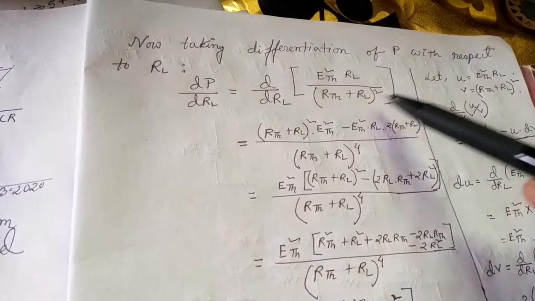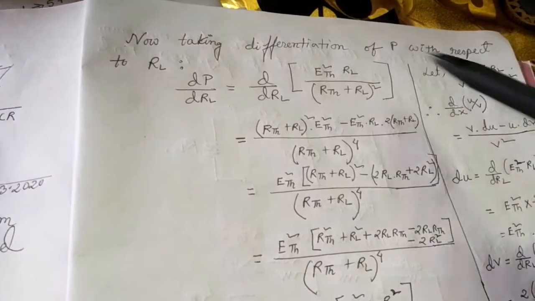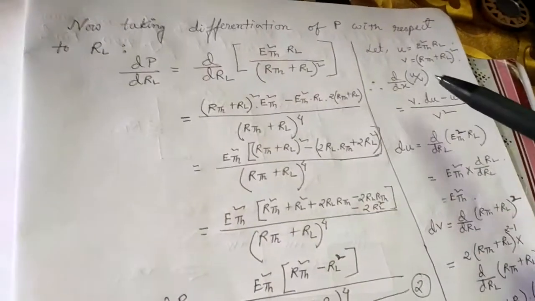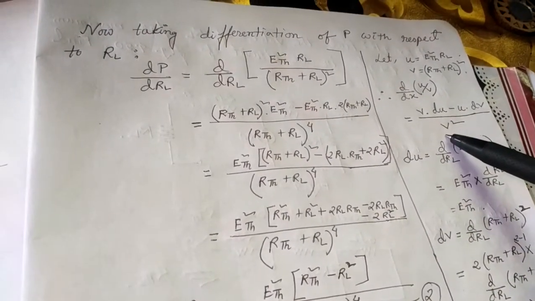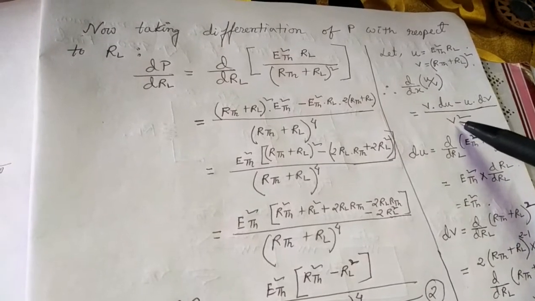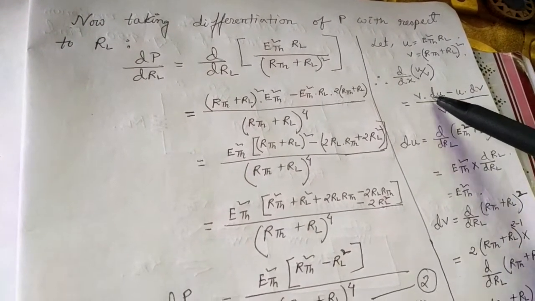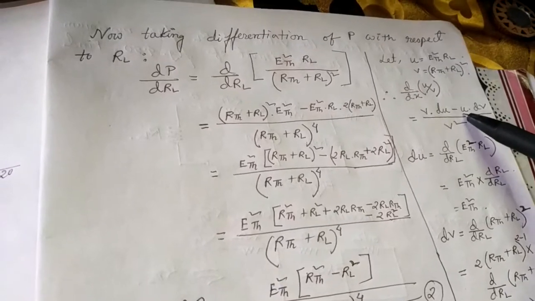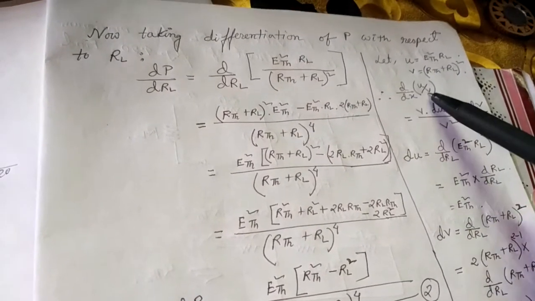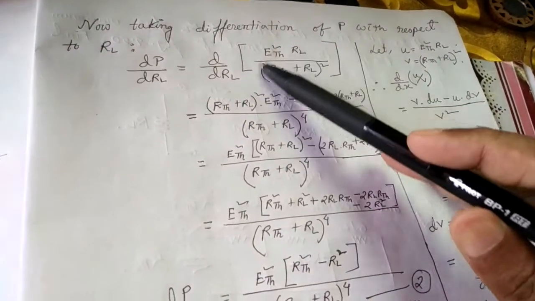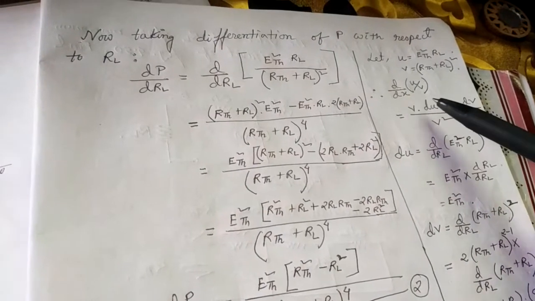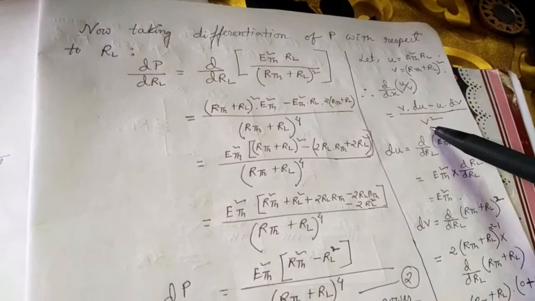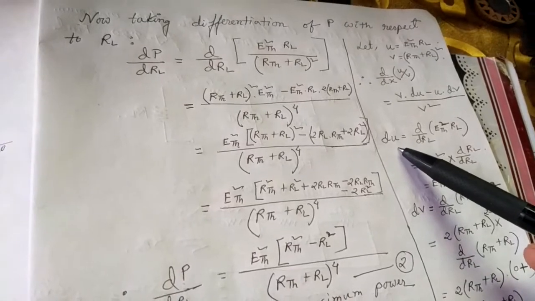R Thevenin plus RL whole square, we say that it is V. So it is the differentiation of U by V. We know the U by V differentiation equals U differentiation multiply V minus V differentiation multiply U, divided by V square.